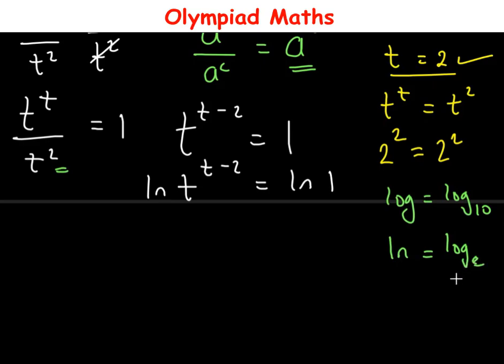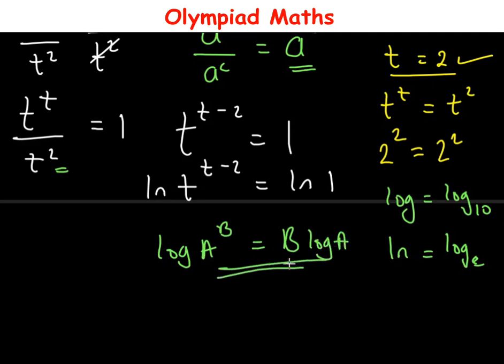There's a rule of logarithm that if you have the logarithm of a raised to power b, this equals b times the logarithm of a. So applying this, power t minus 2 becomes t minus 2 times ln t, is equal to ln 1.